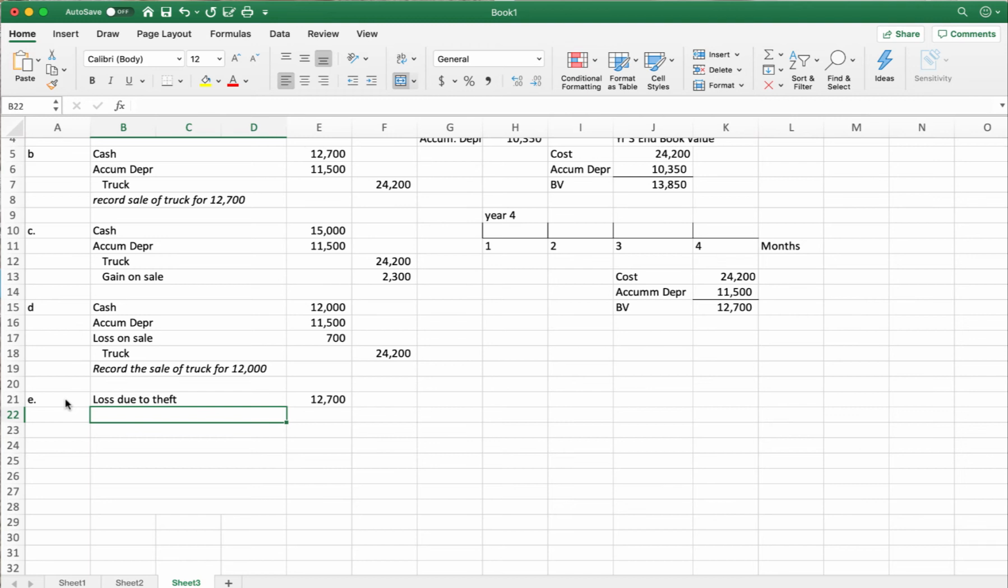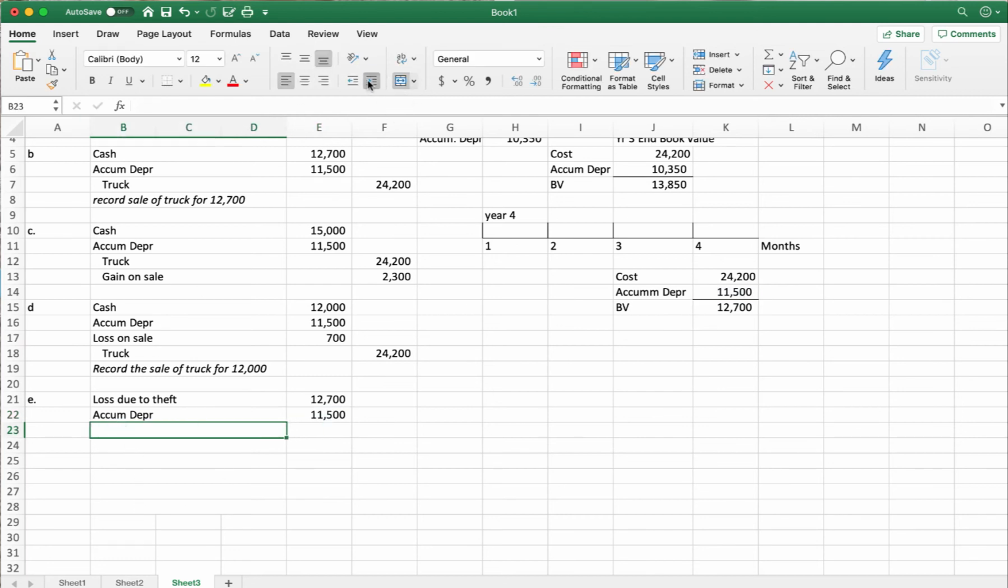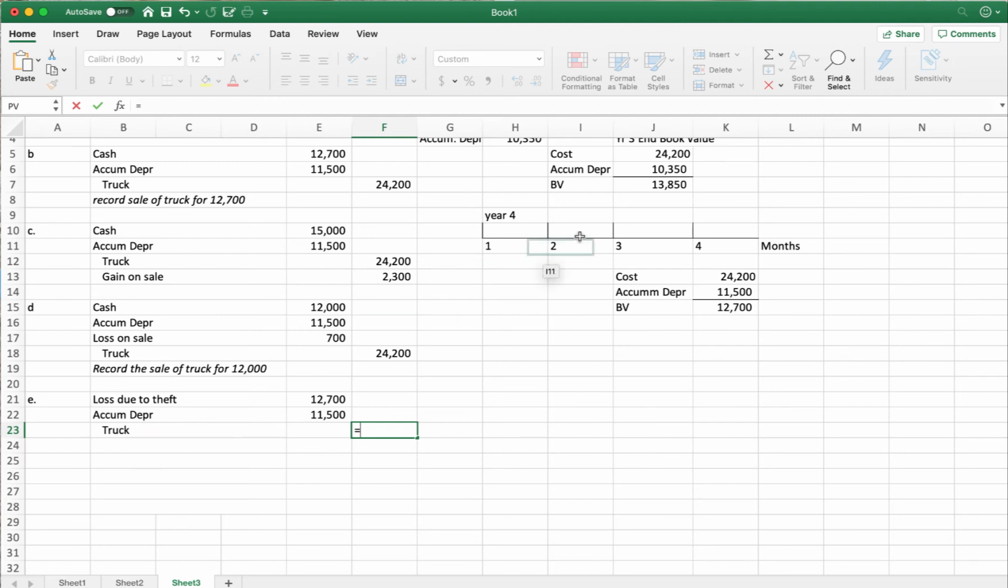The accumulated depreciation is still the $11,500. So I'm going to debit accumulated depreciation for the $11,500, and then I'm going to credit the truck. I'm going to credit for what it's on our books for. It's on our books for that acquisition cost.